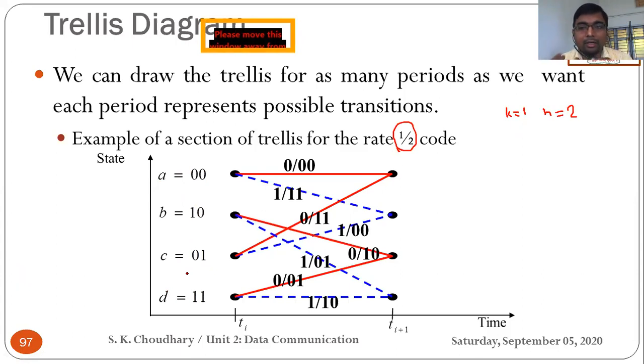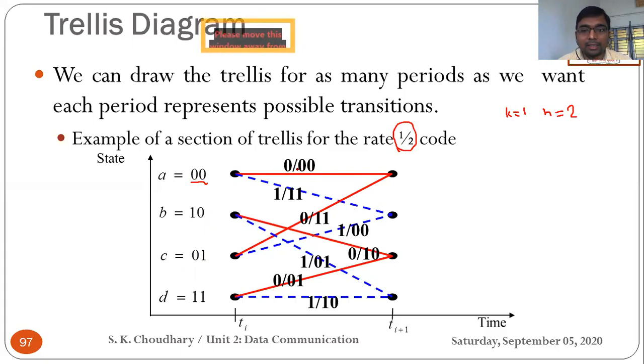We always start from the 0 0 state. When you are at position A, that is 0 0, and the input received is 0 bit, it is shown by the red or solid line, and the output for that is also shown.